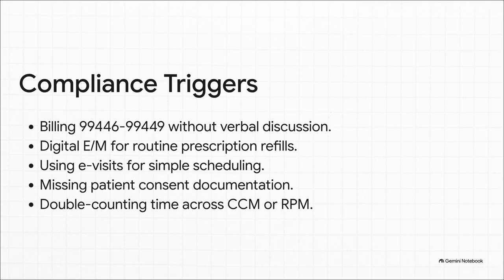Those do not meet the criteria for medical decision-making at all. Third, missing that advanced patient consent will fail an audit instantly. And lastly, double counting time is a huge, massive compliance risk. You cannot count the same minutes you spent reviewing data for an e-visit toward chronic care management or remote patient monitoring. You never, ever count the same time twice.